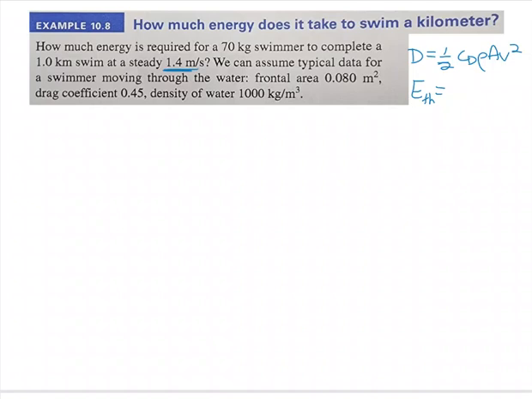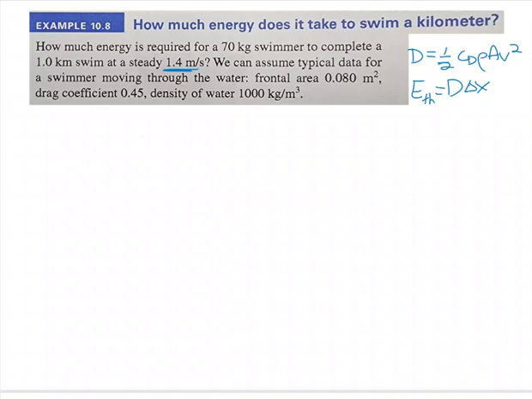But friction in this case is the water. No, drag. So it's going to be capital D for drag. So this is the friction force, but in this case, it's drag times delta x. So 1,000 meters is delta x.